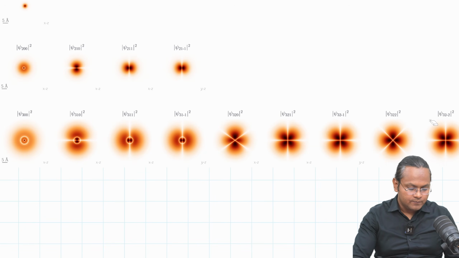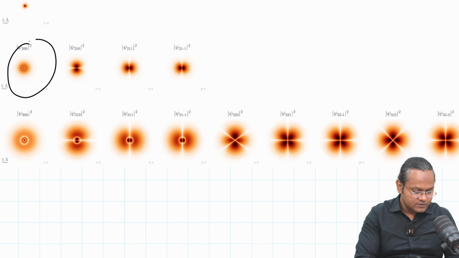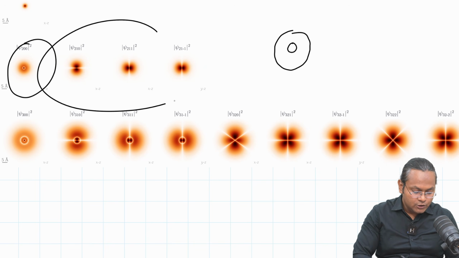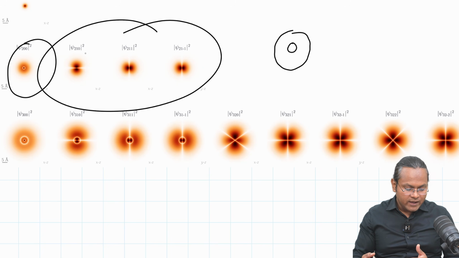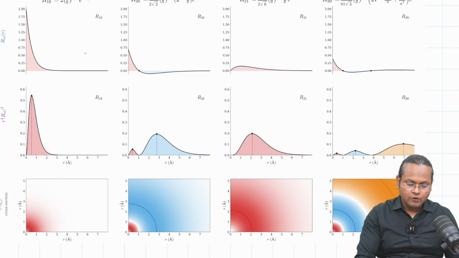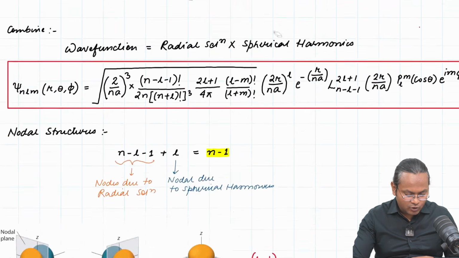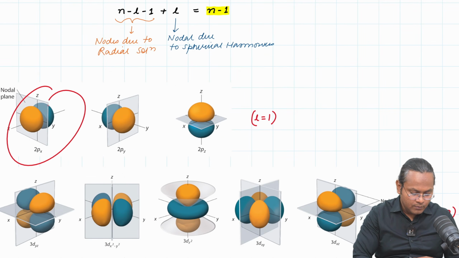So if you look here for, let's suppose, 2s, you end up getting effectively 2 shells of probability densities. If you look at the 2p orbitals, for 2p the radial solution simply introduces a single shell, and the spherical harmonics introduces these dumbbell shapes.